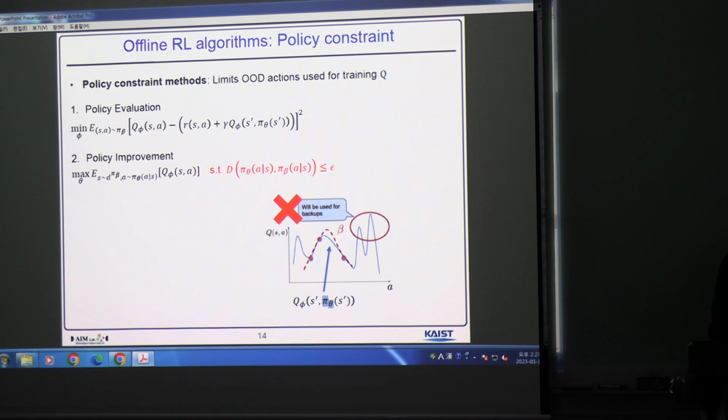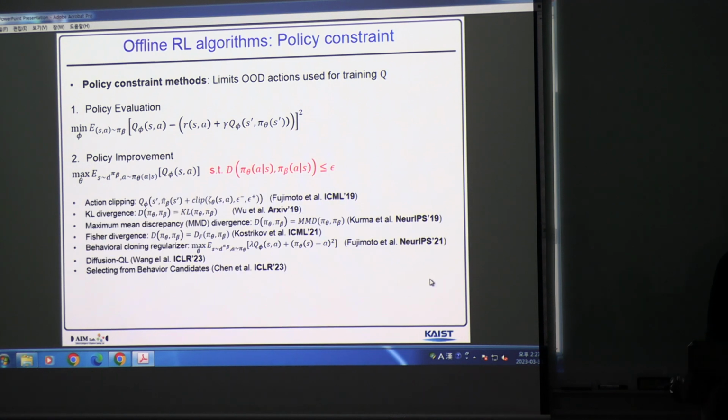If we constrain it, it will output something around here. Different kinds of constraints lead to different methods, and here are several recent methods. They use different types of constraints.